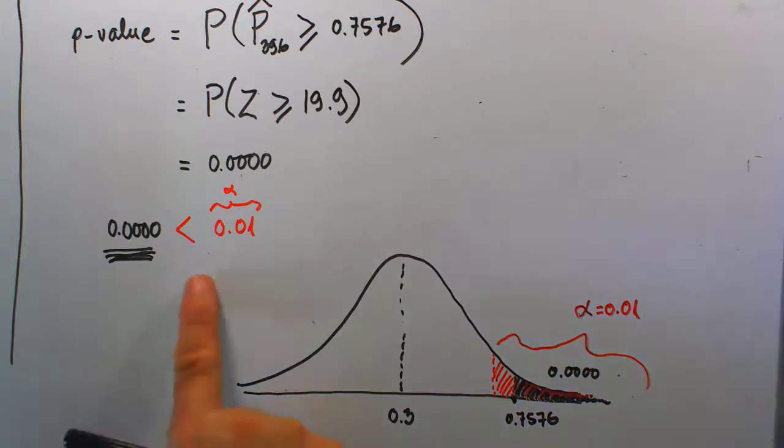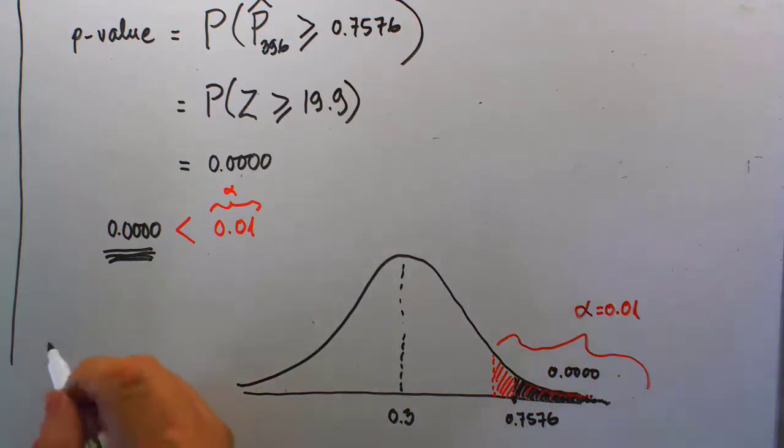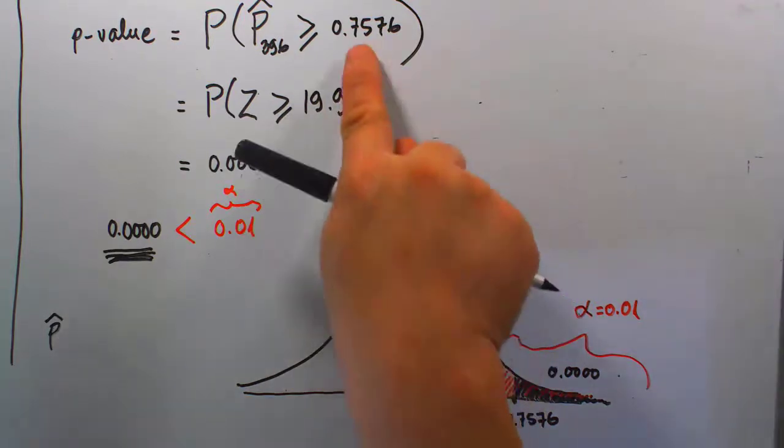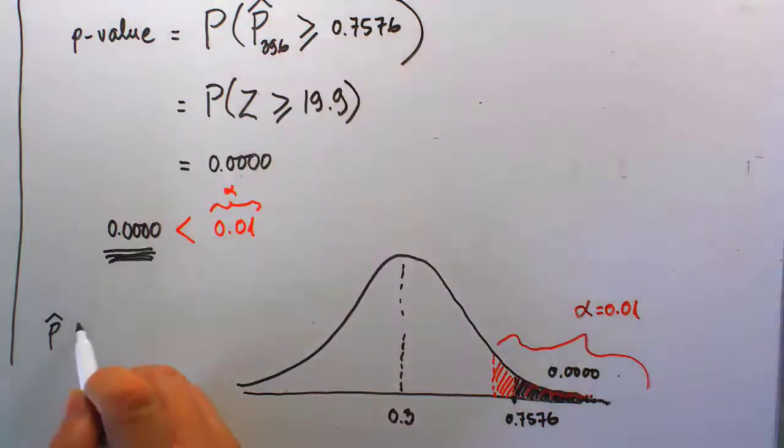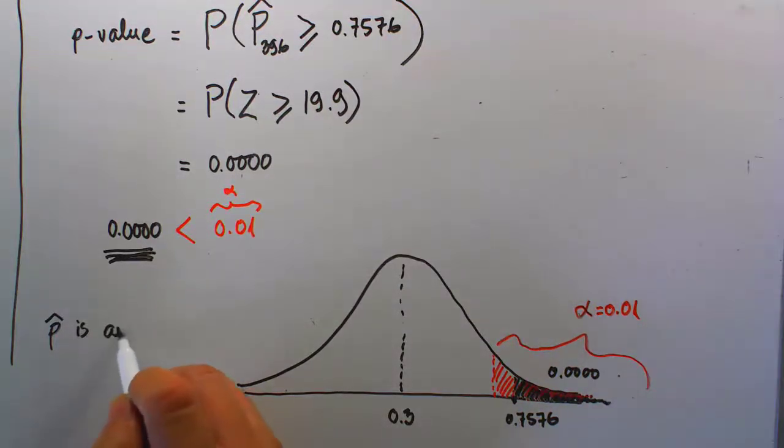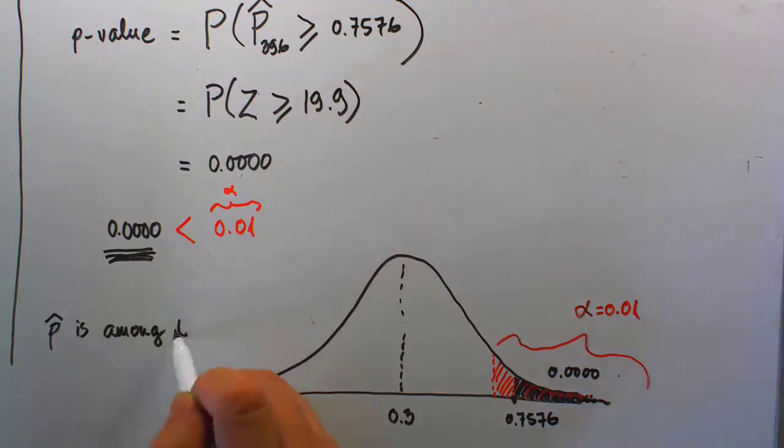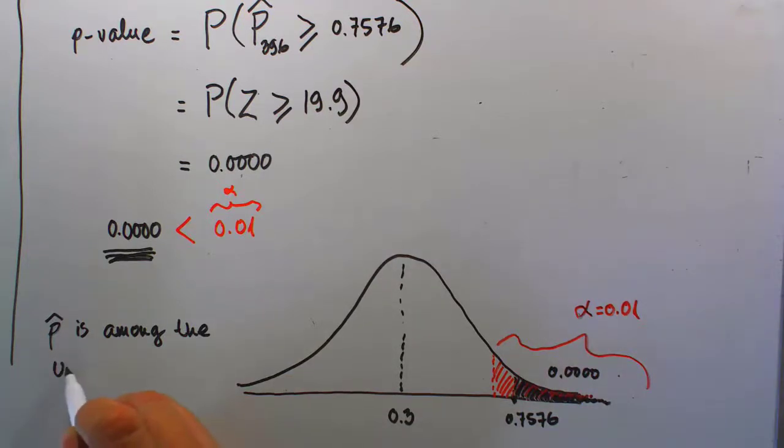So from this observation, along with my explanation, we come to an important conclusion here. Our particular sample proportion value, this 0.7576 here, is among the unlikely values, the unlikely sample values.